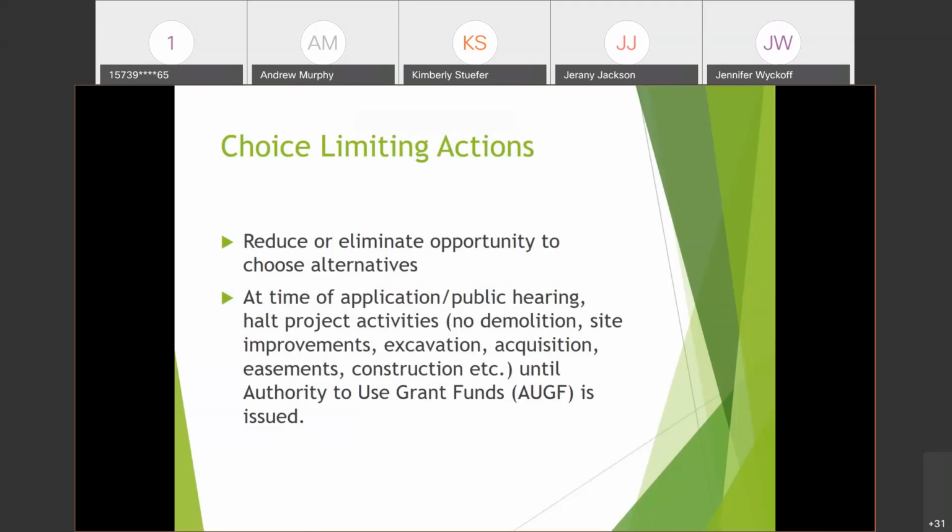And so at the time of application, all project activities must cease until the authority to use grant funds is issued, and that would be the completion of the environmental review. So things that need to halt at this time would include acquisition, rehabilitation, construction, as well as contracting for or committing to any of these actions.